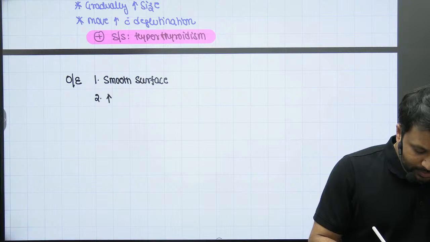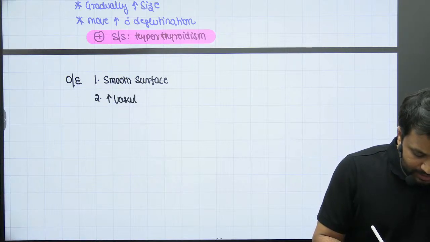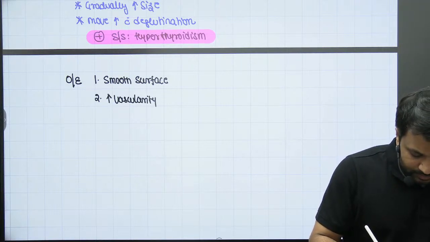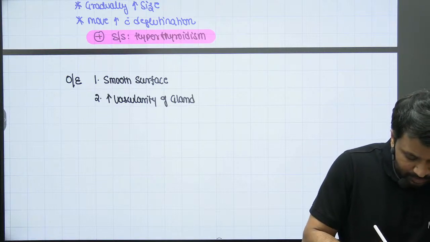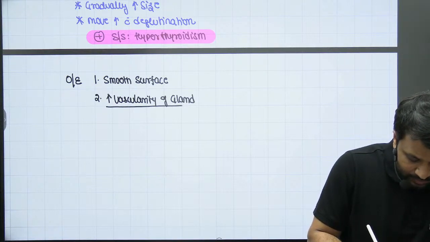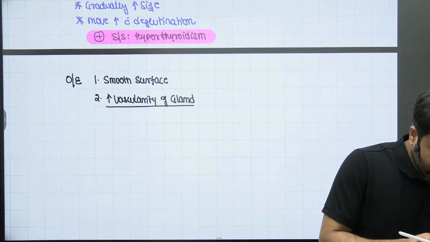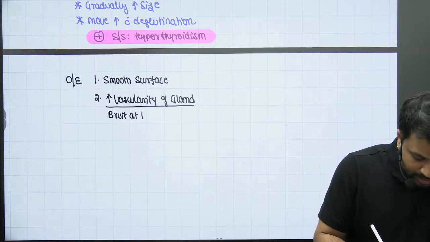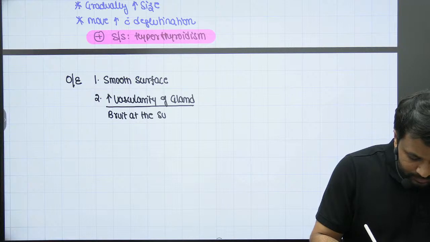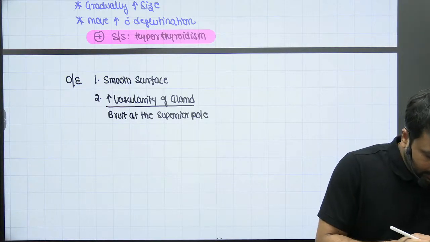Graves' disease is associated with increased vascularity of the gland. Now, because of increased vascularity, you will notice the presence of a bruit at the superior pole of the thyroid gland.